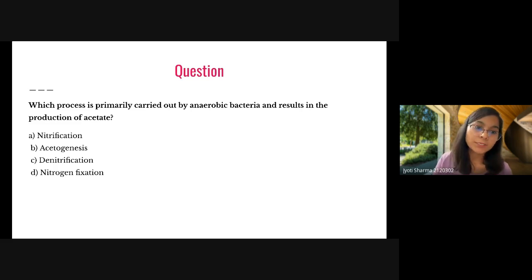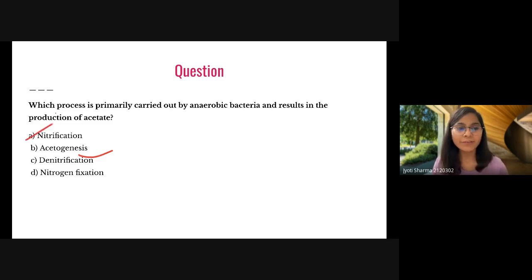Okay, so this is acetogenesis. This is acetogenesis because nitrification, denitrification, fixation, these are related to the nitrogen cycle, right? But if we are talking about acetate, then acetate doesn't have nitrogen. Acetate has carbon, hydrogen, and oxygen.